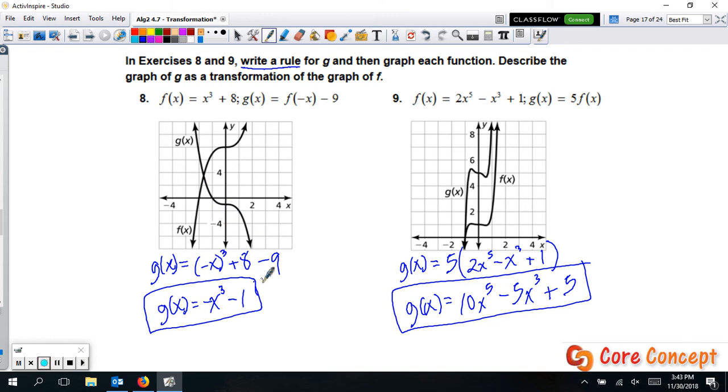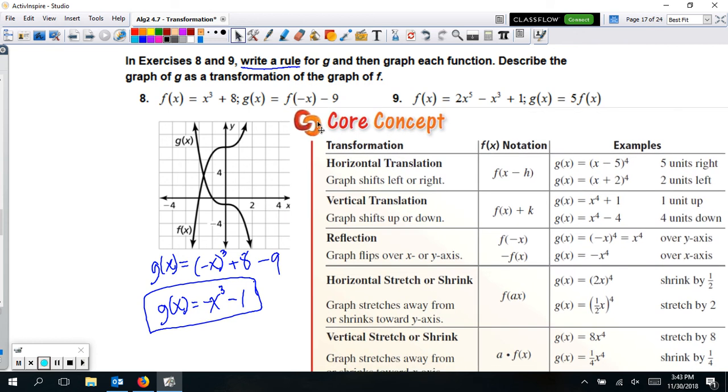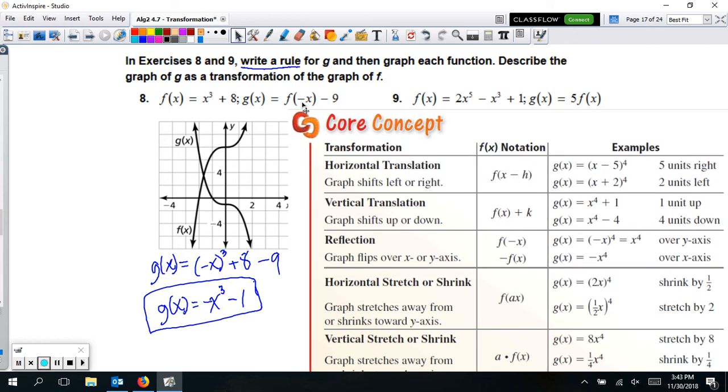So here's our rule for this, and we want to realize what's going on. If this is the f, this is what's going to happen to f. Use our core concept down here. I'll bring this up here again so we can see how this works. It's got a -x here, which means x is inside.